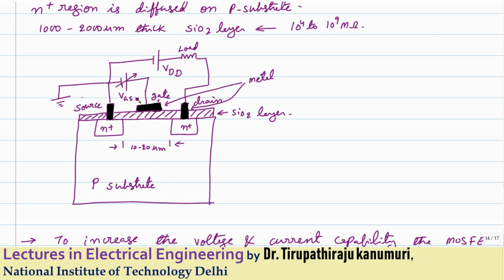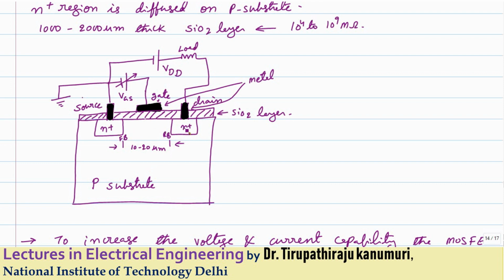Let us assume my VGS is equal to 0 initially and the VDD is applied like this. That means the drain is connected to the positive terminal and the source is connected to the negative terminal. Now see what will happen when the drain is connected to the positive terminal, this N is connected to positive. That means this N plus and P substrate layer will be reverse biased and this layer will be forward biased.